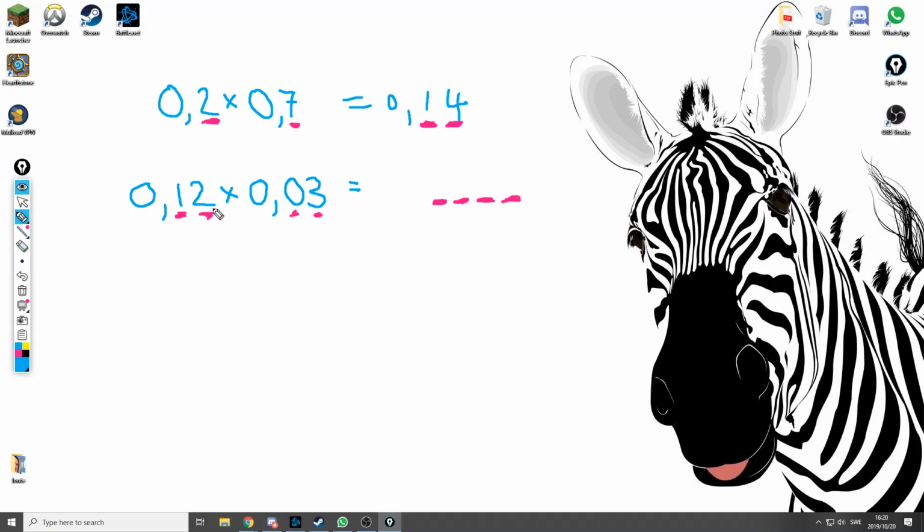From there, just focus on multiplying your numbers like you normally would. 12 times 3 is 36. And then I need 4 decimal places, so I'll just fill in zeros here, and my answer is going to be 0,0036.